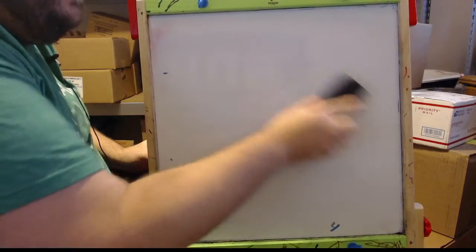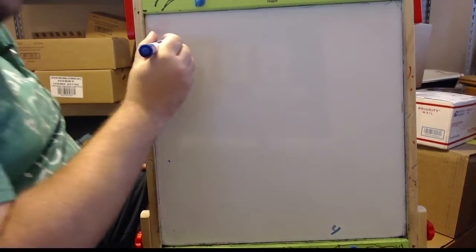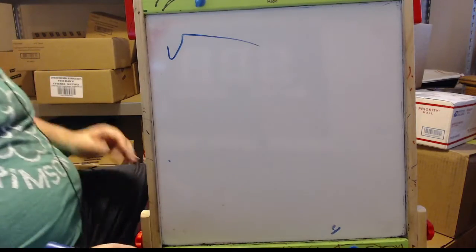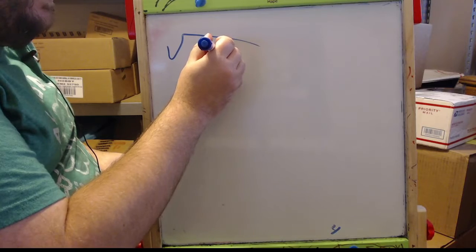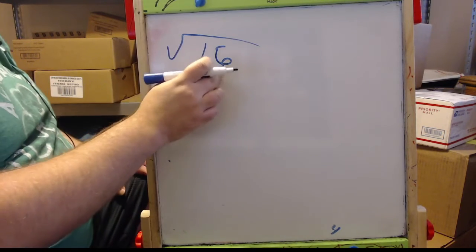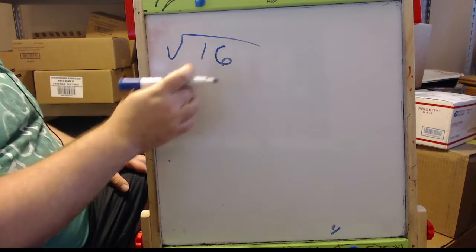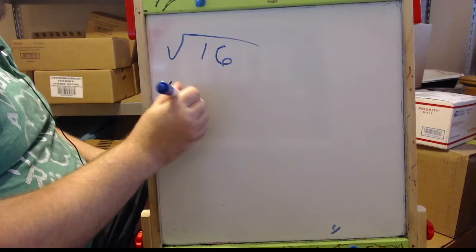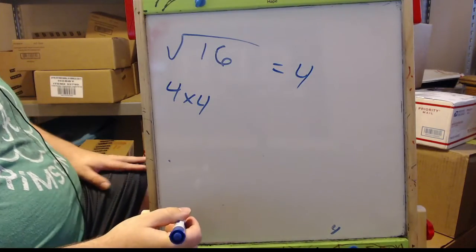And then on the other hand, there's something called square roots. We're not going to do cube roots, but square roots are this fancy symbol. Essentially what a square root is, is what number times itself will give you the number underneath. So the square root of 16, what times itself? 4 times 4, so the square root of 16 is 4.